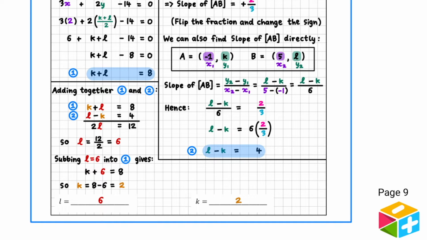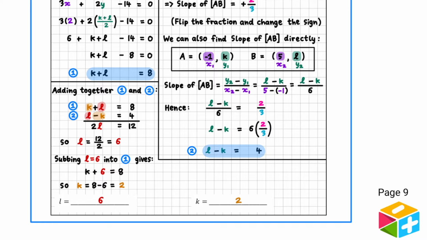We can use simultaneous equations to solve for k and L. The first equation has a plus k, and the second equation has a minus k. This means that if we add together the two equations, the k terms will cancel. When we add the equations, the k and the minus k cancel.